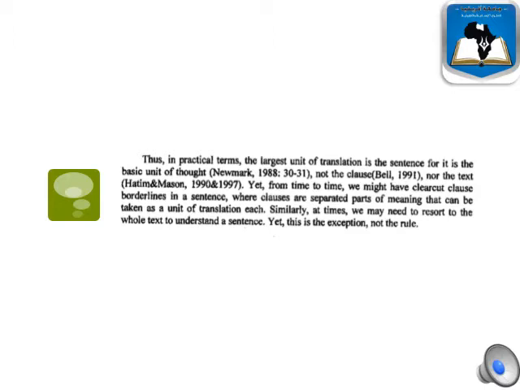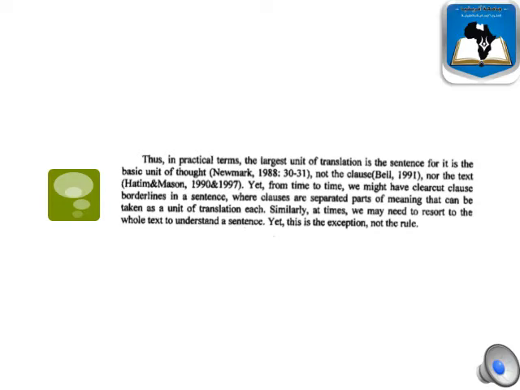Of course, if you do it word for word or phrase for phrase, you as a translator may not get the meaning of that phrase or word until you go back and read and do some sort of text analysis.